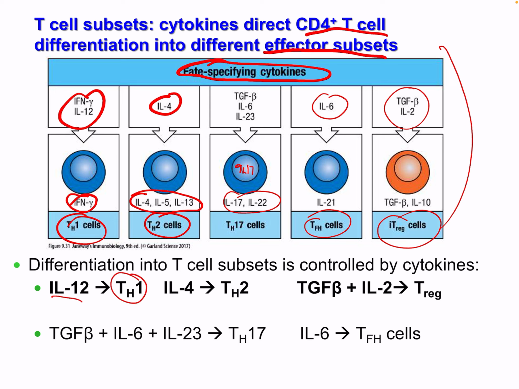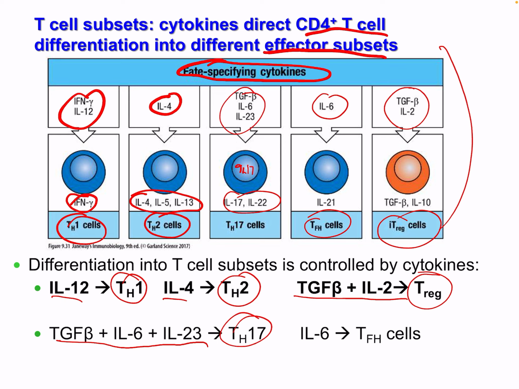IL-12 stimulates Th1, IL-4 Th2, TGF-beta, IL-2, Treg. TGF-beta plus IL-6 plus IL-23, Th17, as we see here, IL-6, T follicular cells. So again, if you make your own little figures here, it'll be easy to remember. Maybe once or twice, and then you'll have it down.